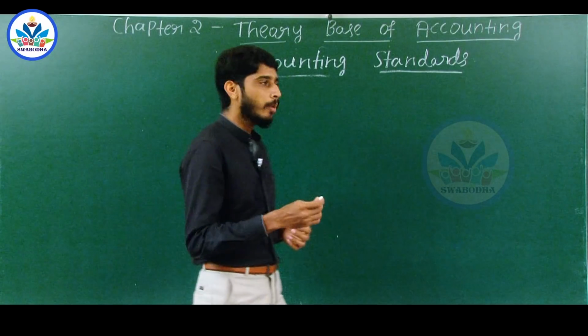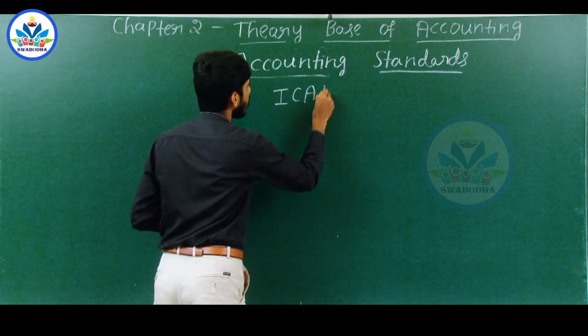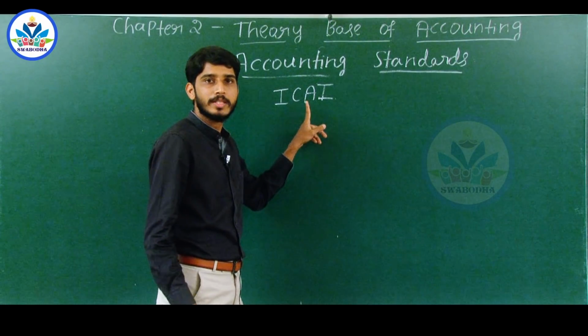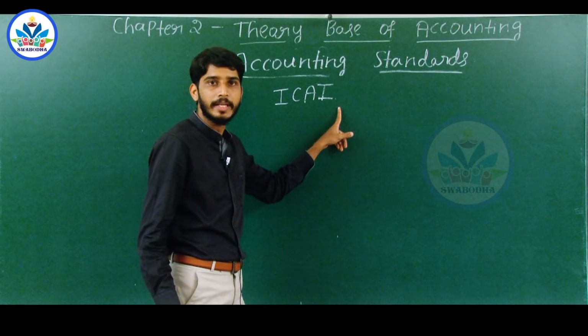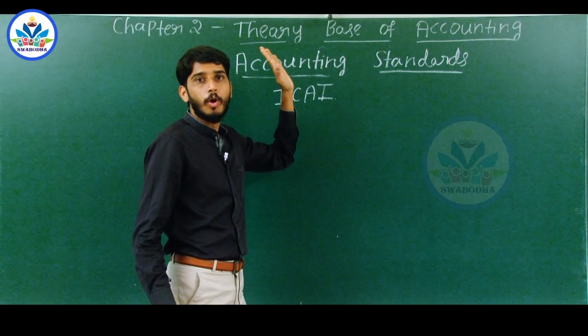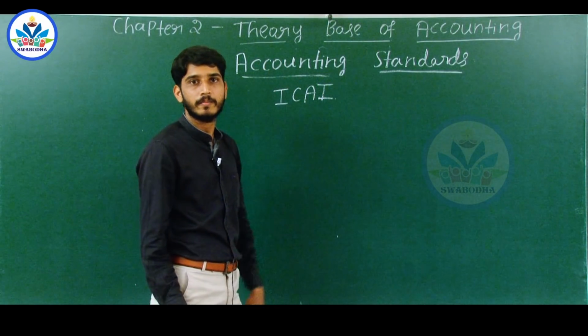Now, there is a supreme authority in the country which is called as ICAI. ICAI stands for Institute of Chartered Accountants of India. Now, so this is the supreme authority or body which governs accounting profession in the country.